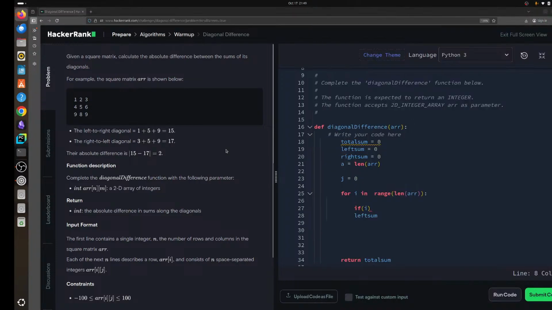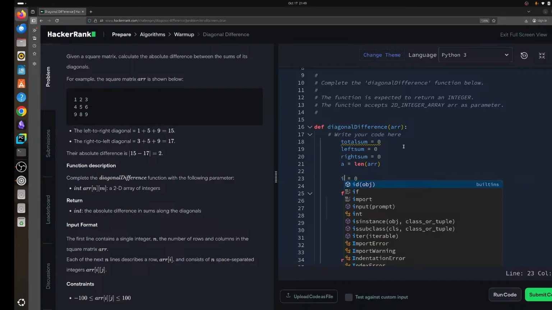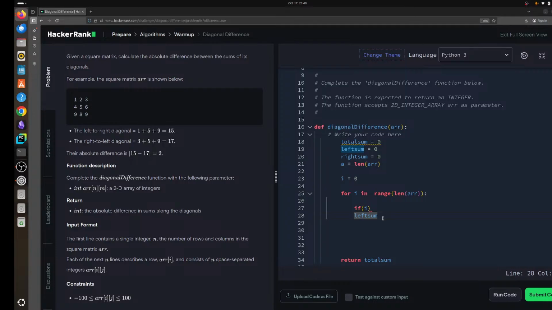So let's try to implement this here. Let's consider i equals to 0, and then let's again consider i in range of len of arr.